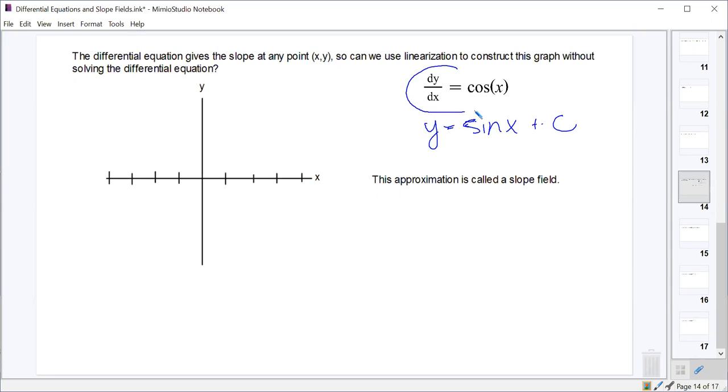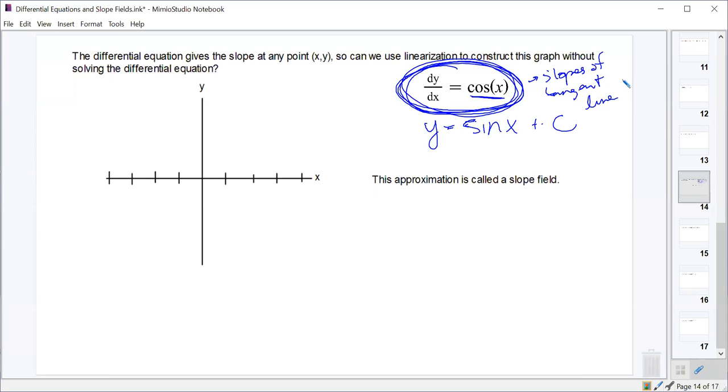We're going to use the slopes of the tangent lines, the cosine x's for different x values through here, on a small scale to have a general idea of what the solution to that differential equation looks like, because the differential equation represents the slopes of the tangent lines. Does that make sense, the connection there between the differential equation and linearization and everything we're doing? You probably don't have any clue how we're going to do it yet, but does the relationship between the things make sense?